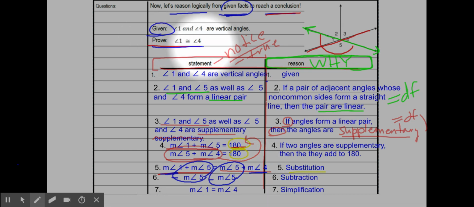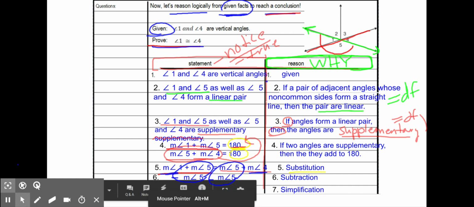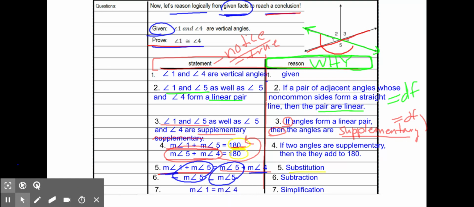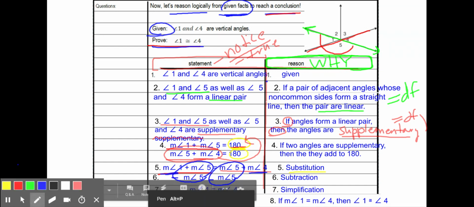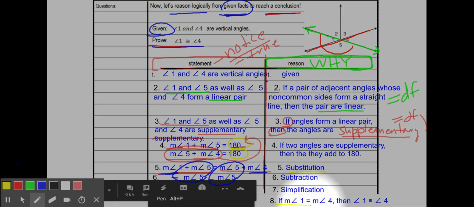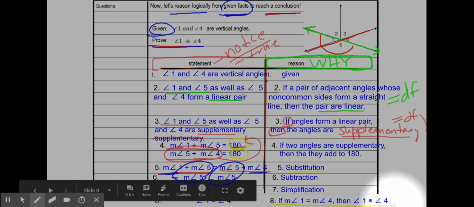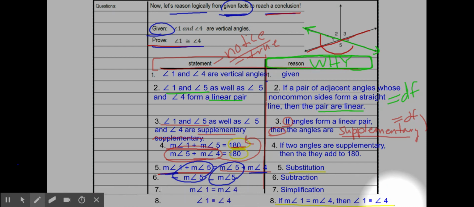But the measure is just something we measure with a protractor, and we can get a number in degrees, while the shape is the same thing. So if the measure of angle 1 is equal to the measure of angle 4, then angle 1 is congruent to angle 4, meaning the shape is the same. All right, we've got our first proof in, so we will see you next class.